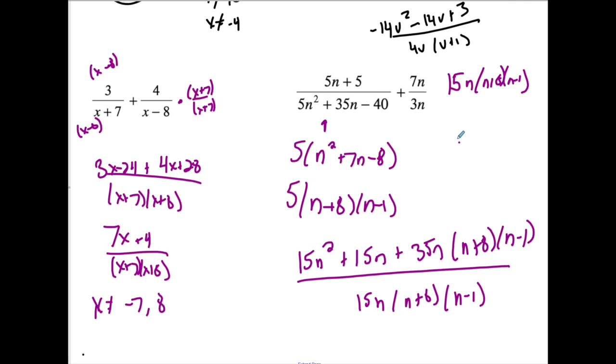Excluded values: n is not 0, n is not negative 8, n is not 1. There is more simplifying you are going to do, but for here, I'm just going to give you a quick glance over it.